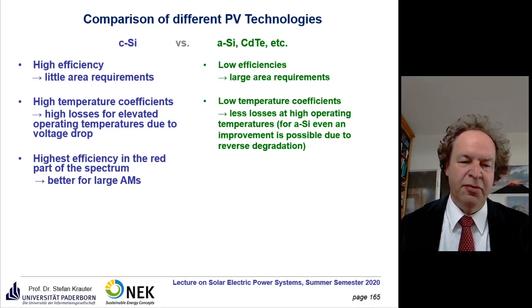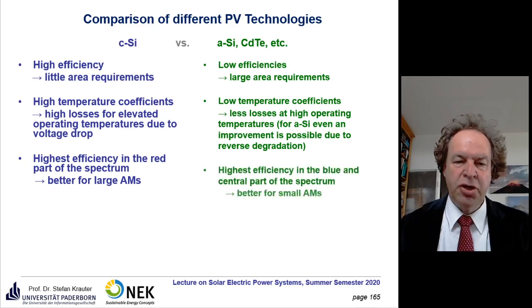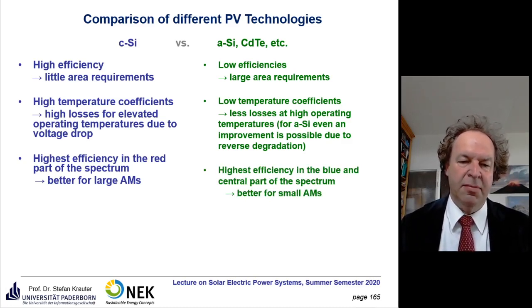It's in the vicinity of 3%, but it has to be considered if you do a calculation of large-scale PV fields and so on. Especially with amorphous silicon, the highest efficiency is in the blue part of the spectrum. If you go to cadmium telluride, it's more in the central part of the spectrum. So it's a little bit better for small air masses.